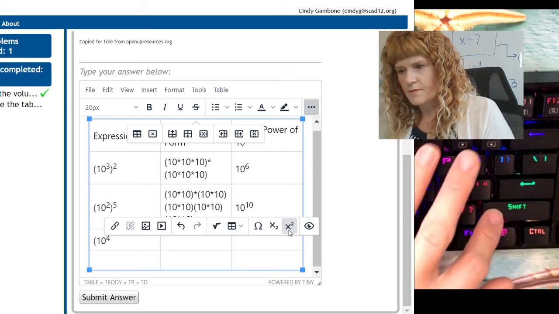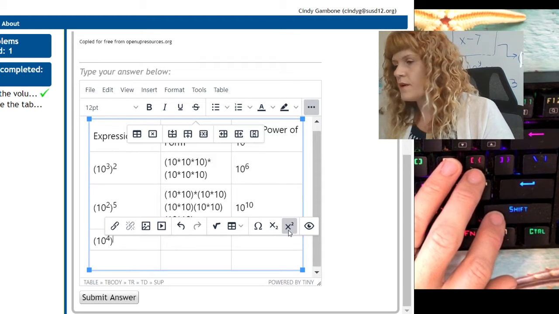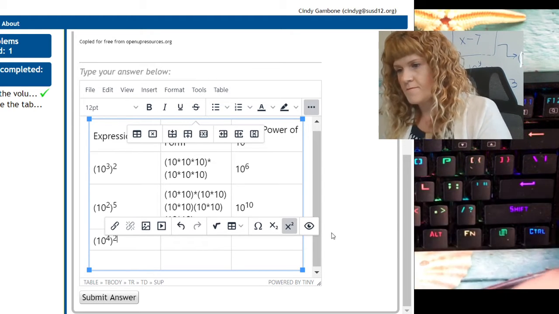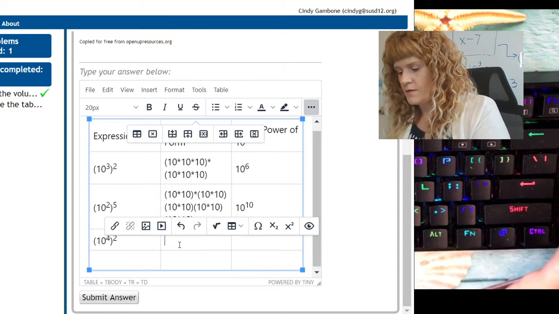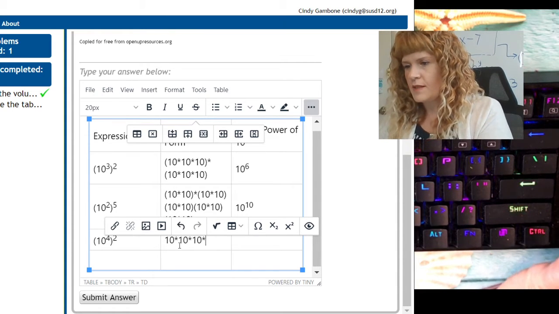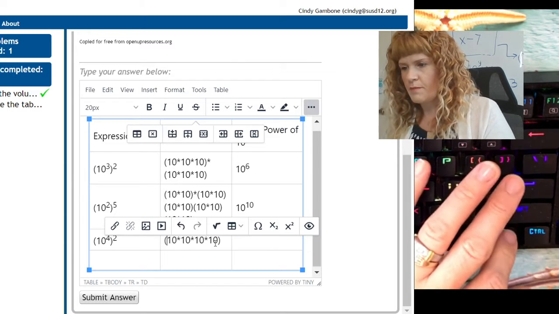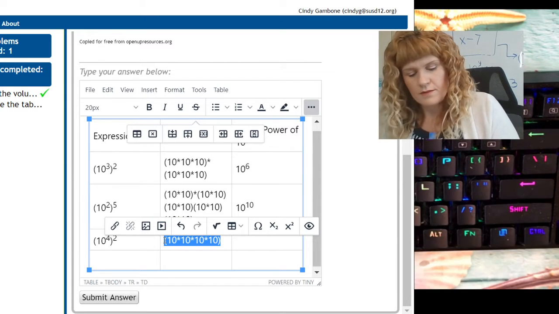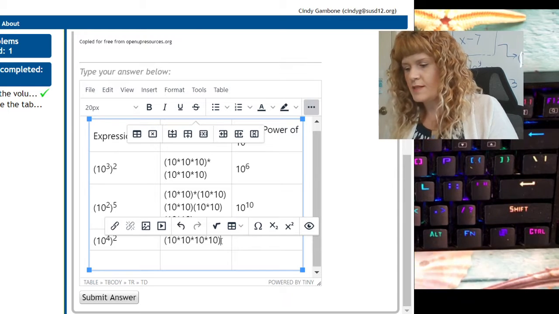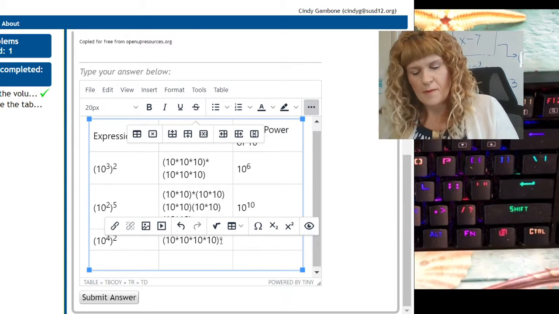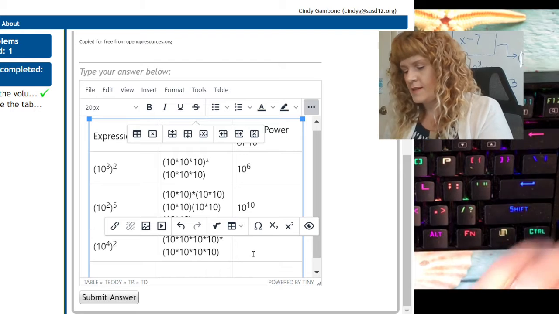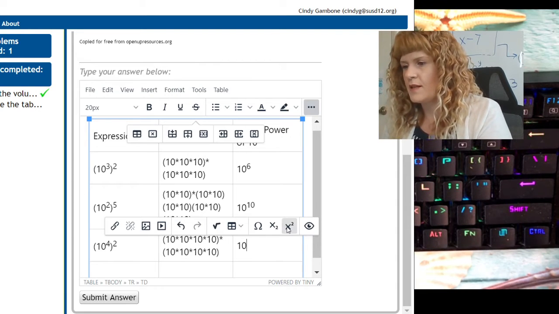Oops. 10 to the 4th power squared. So that's 10 times 10 times 10 times 10. Put on my parentheses, and then I'm going to copy and paste because I'm super lazy. There we go. And then as a single power of 10, it is 10 to the 8th power.